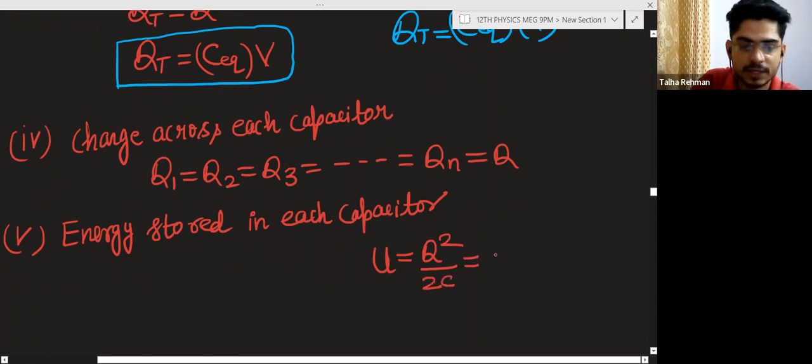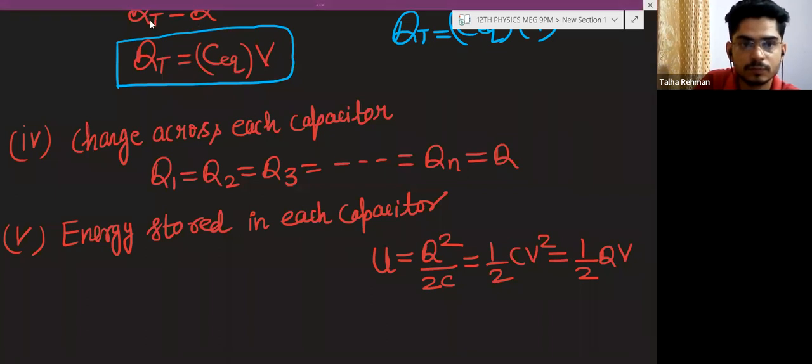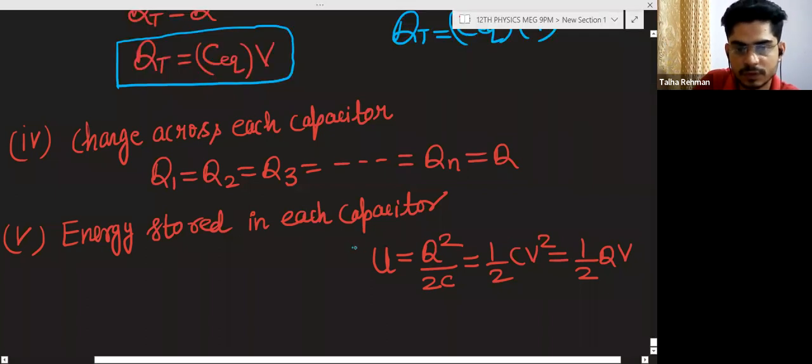Second formula is half CV square. And another formula is half QV. You can apply any of the formulas to calculate the energy. And I am applying here.